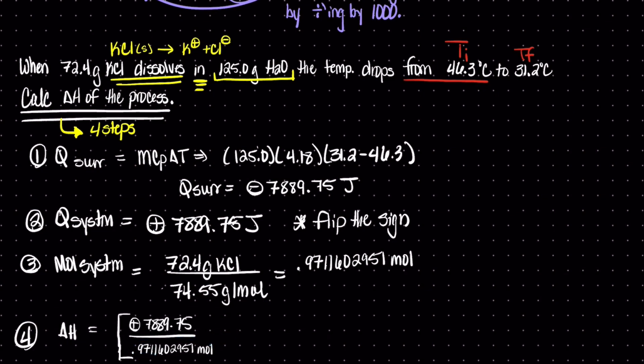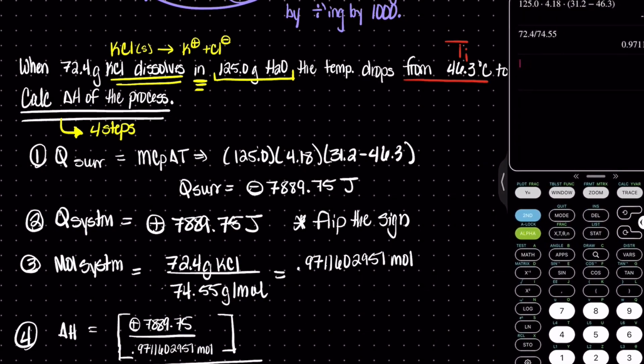Copy, paste. So that's the bracket I get first. Now I gotta remember to divide by 1,000 to get myself in the proper units.